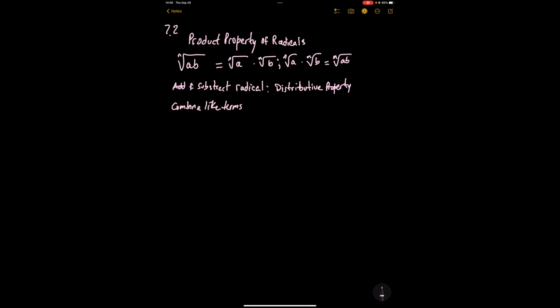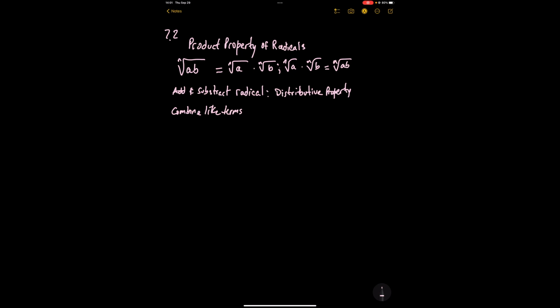It basically means if you have two radical expressions that are different, and once you simplify them, they have the same radicand, then you can add them together. We're going to do some examples, but for right now I want you to know the terms, and then we'll do everything else after that.